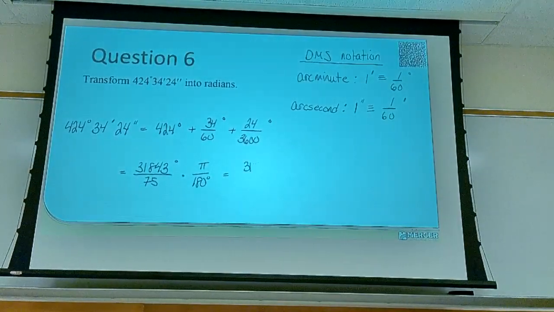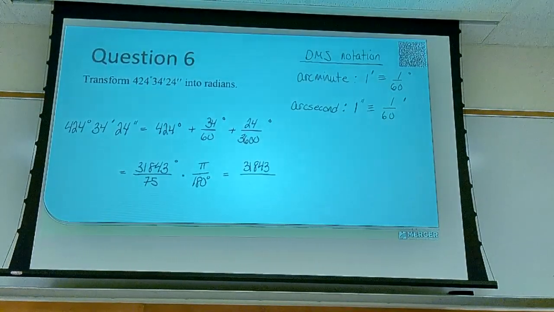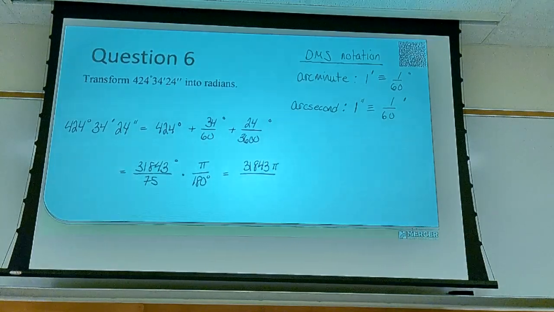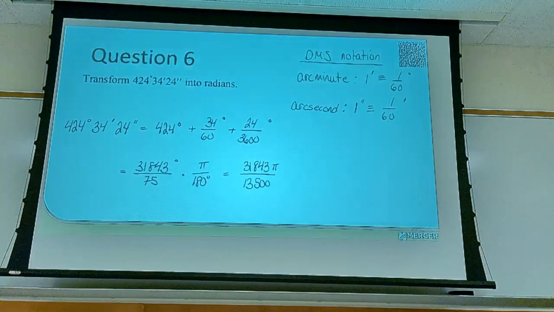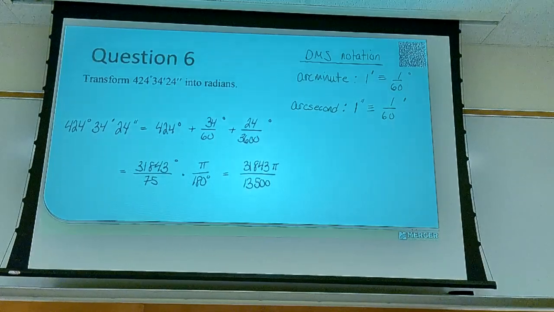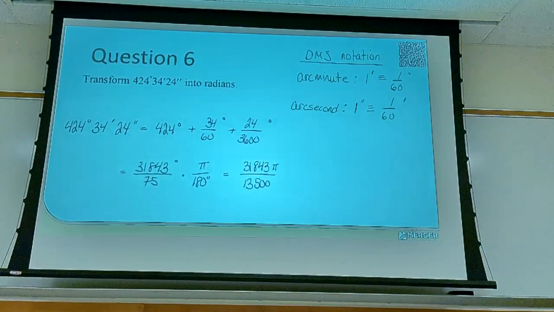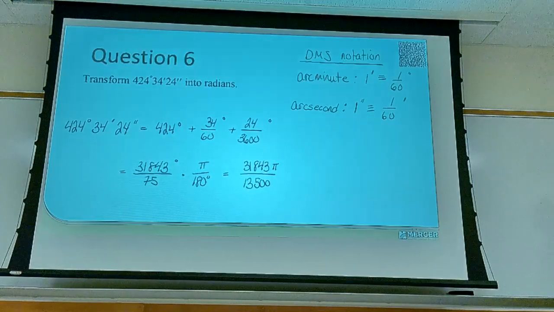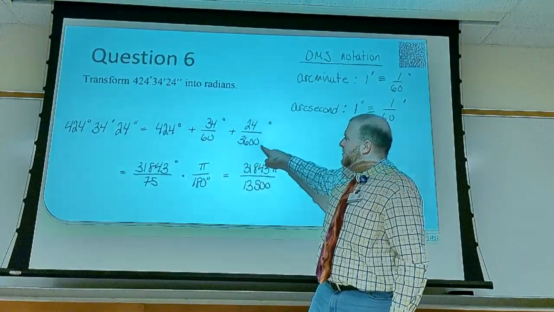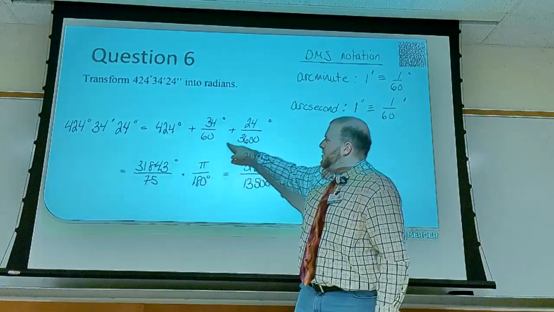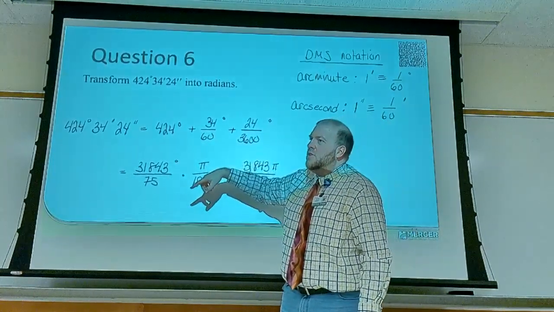I'm still confused how you get 31,843. Single fraction. So you need a common denominator. All I did was add these fractions. And so like 424, is there like a zero there then? 1.